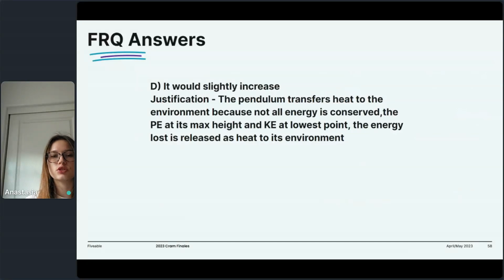The potential energy at its max height and kinetic energy at its lowest point, the energy loss is going to be released as heat to its environment. There's honestly a few different ways you can explain this. Like less mechanical energy gets converted to thermal energy. You can talk about potential energy, kinetic energy, and such.